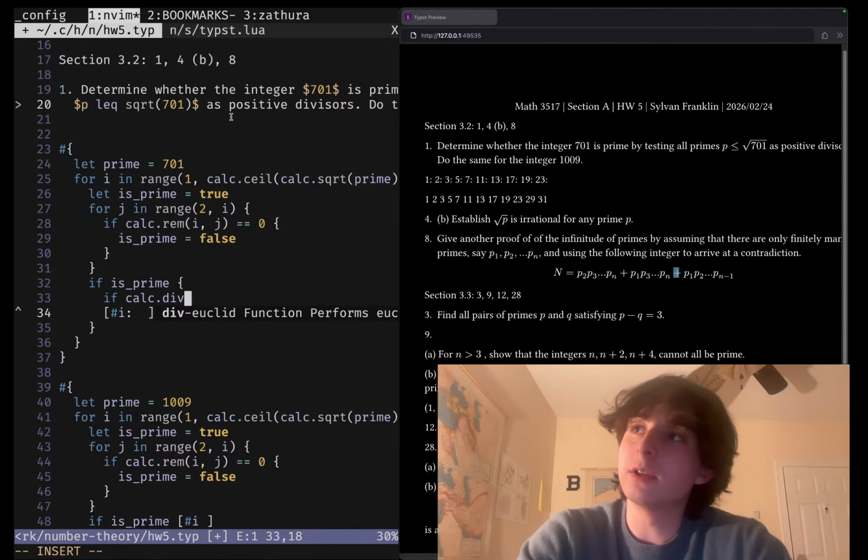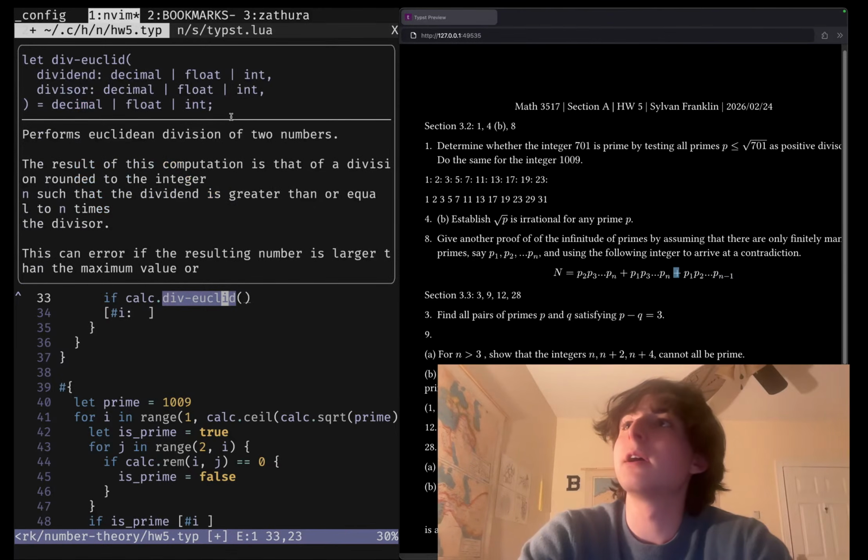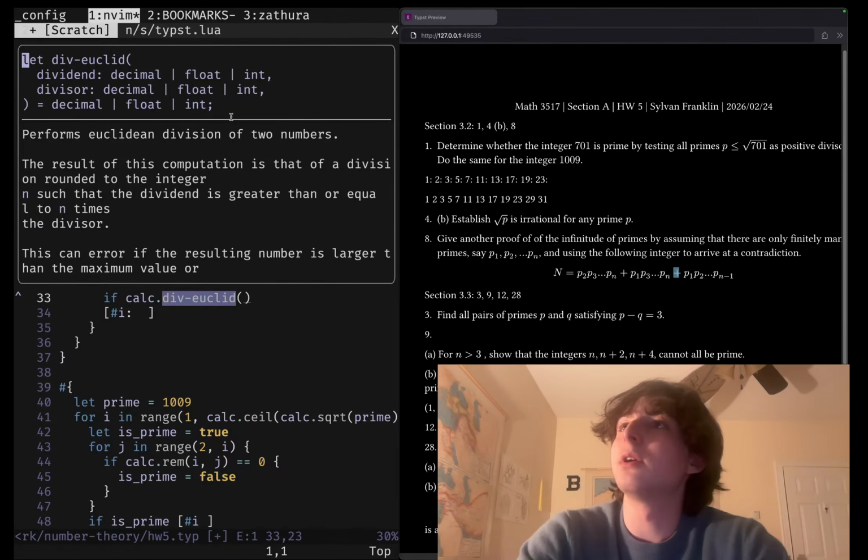calc.divide, divide Euclid, performs Euclidean, what is that? Performs Euclidean division of two numbers. The result is that of the division rounded to the integer n, such that the dividend is greater than or equal to n times the divisor.